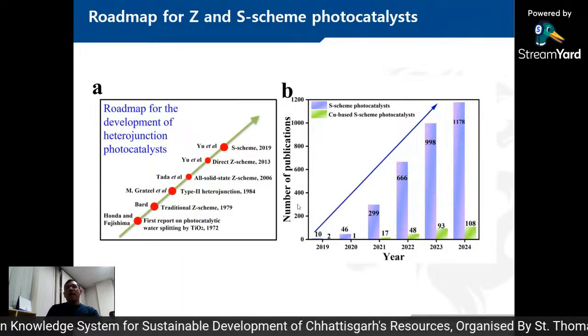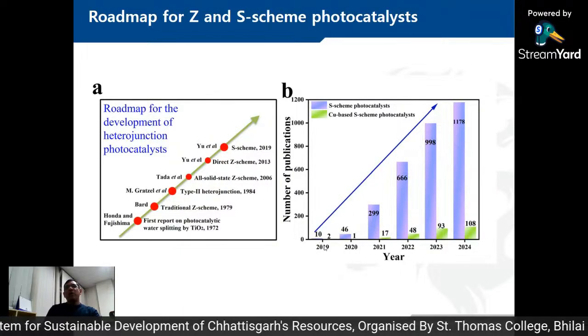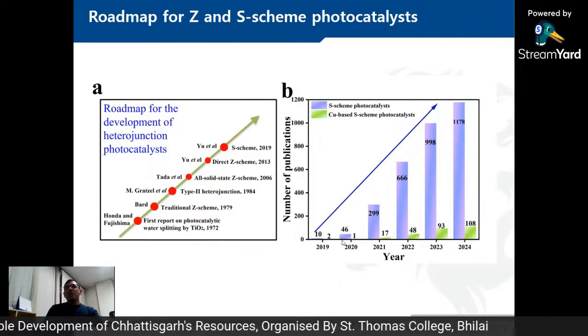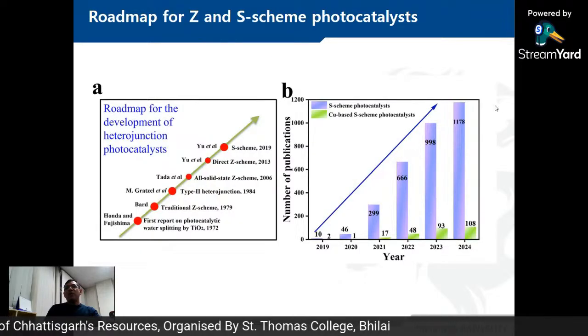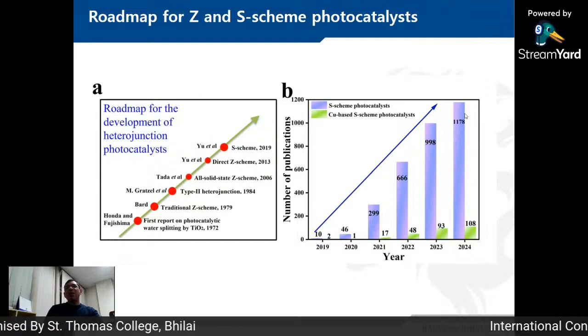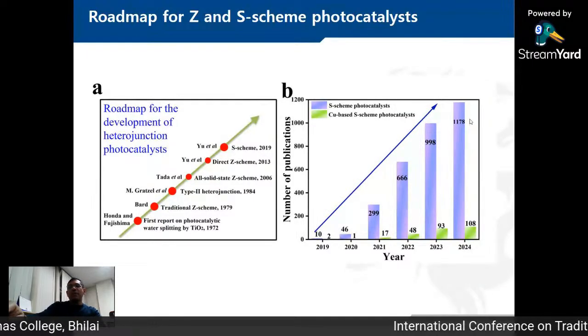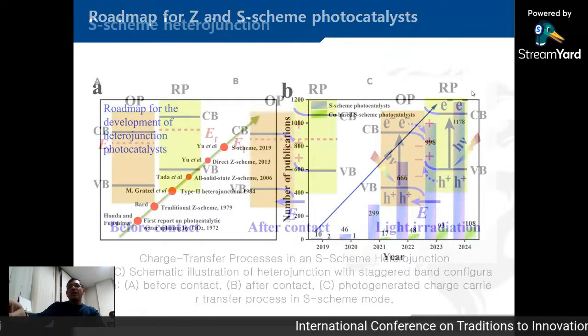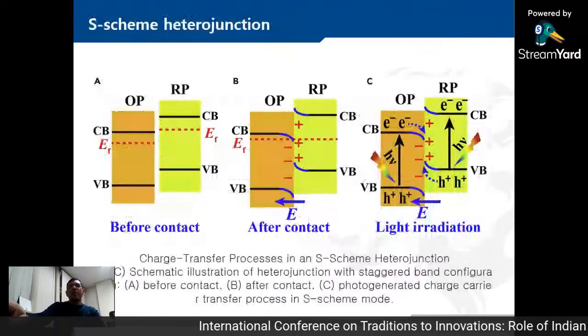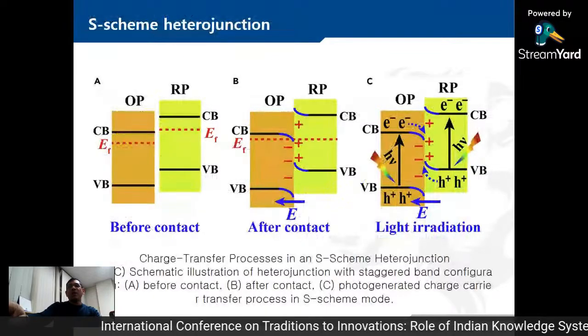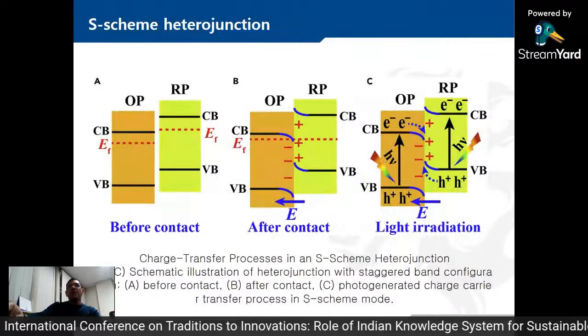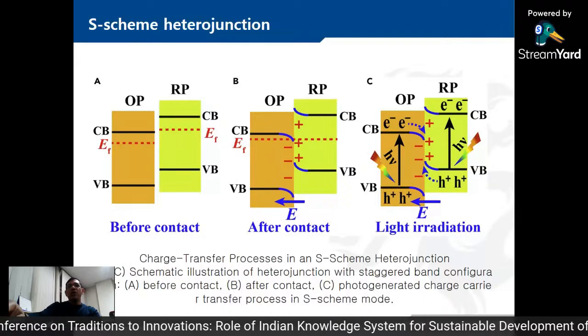From 2019, when our group introduced the S scheme process, you can see a lot of publications coming out each year on this process. It shows that the process is quite effective.